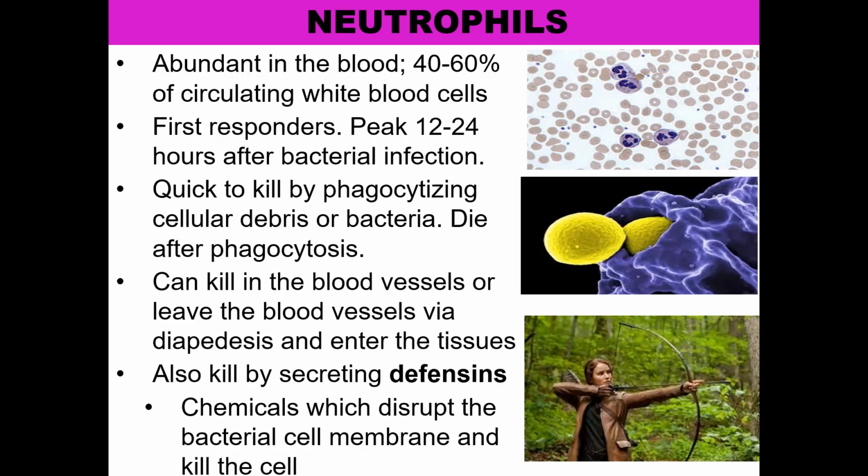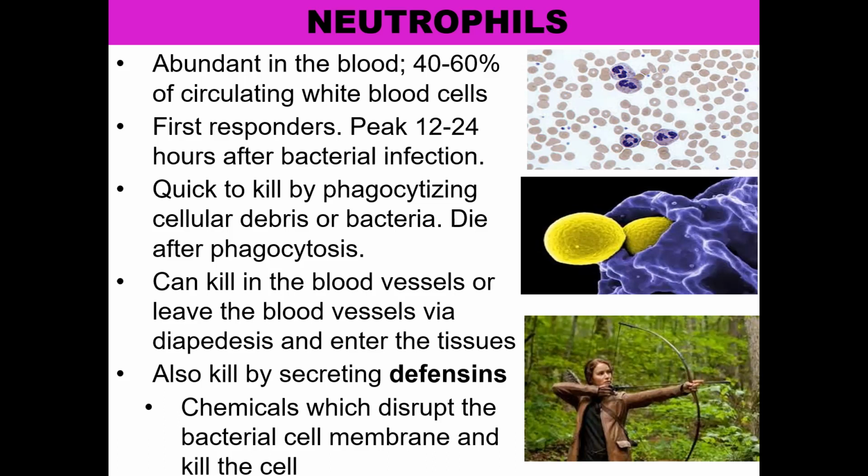So within 12 hours, they're on the scene and begin to phagocytize. Now, they're like that Cookie Monster too. So they're just eating up everything, making a giant mess, really. But they are quick and can phagocytize bacteria, or like I said, cellular debris, so old cells, dying cells, things like that.